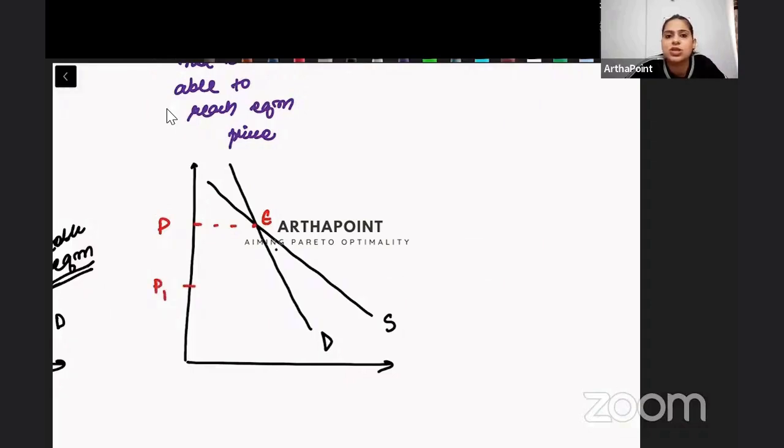What is happening at P1? At P1, supply is greater than demand.